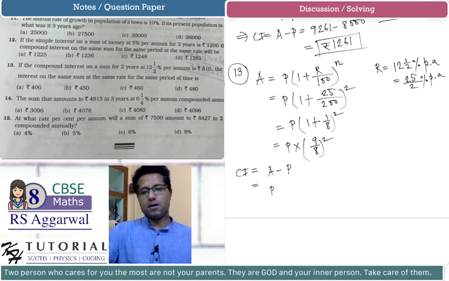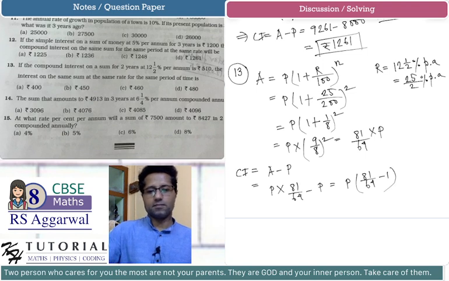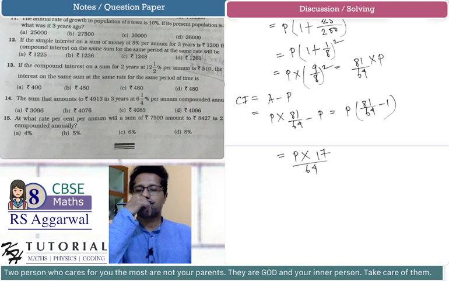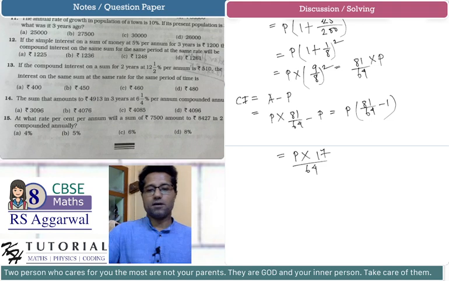Amount is P multiplied by (9 by 8) square. That is 81 by 64 P. So this is P multiplied by 81 by 64 minus P. If you take P common, this is equal to P multiplied by (81 by 64 minus 1), which is P multiplied by (81 minus 64) by 64, that is 17 by 64 P. This is the compound interest, and the compound interest in the problem is given to be 510.